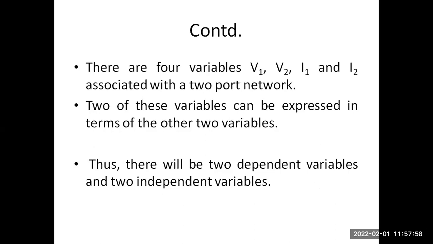So there are four variables. What are the four variables? V1 is the input voltage and V2 is the output voltage; I1 is the input current and I2 is the output current, which are associated with the two-port network.